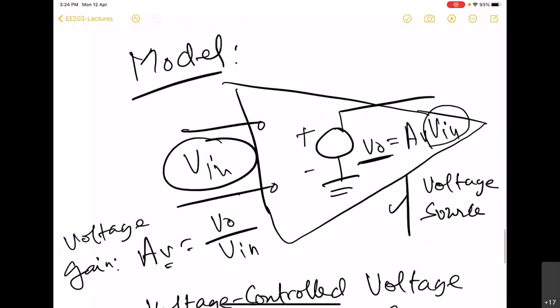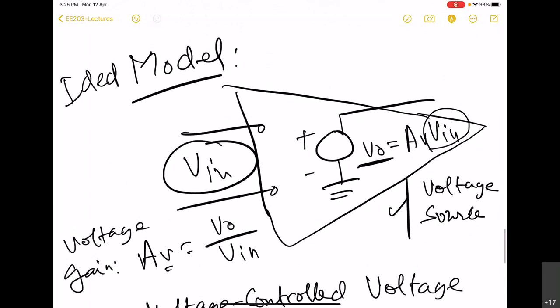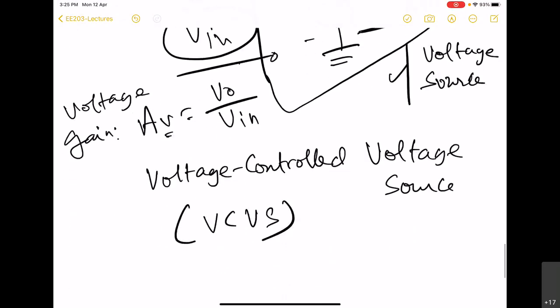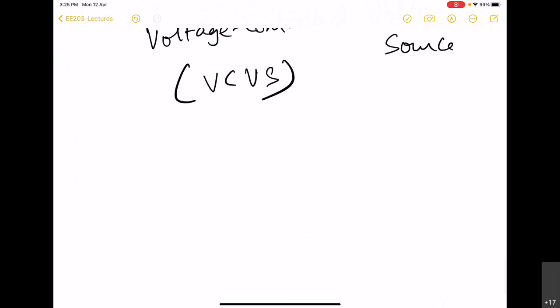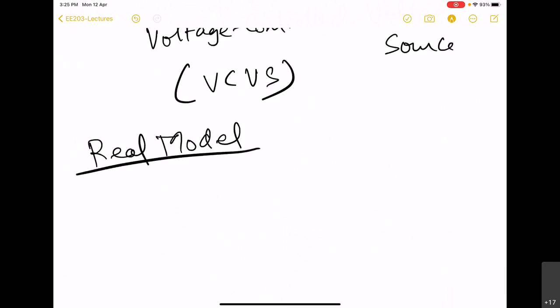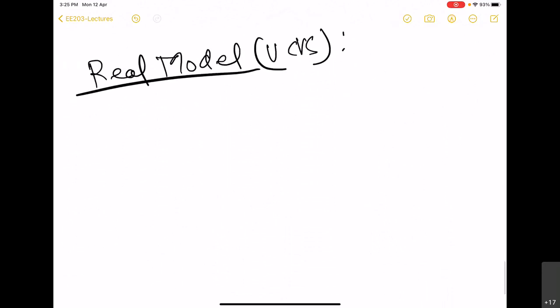So what we see here is basically the model of an ideal amplifier with R in infinity, R out 0. But we know that in real life, very rarely we will encounter this scenario. So the real model of this type of amplifier, VCVS, is going to be that there will be a finite impedance on the input side, Rin, and of course Rin is going to be very large.